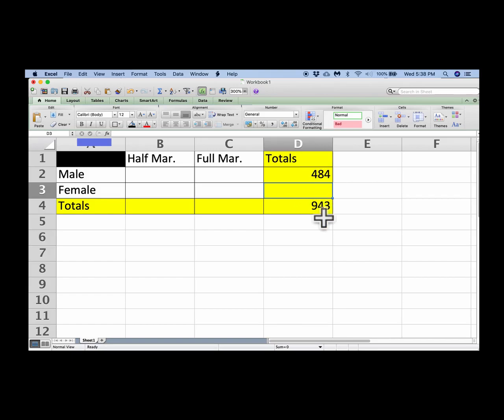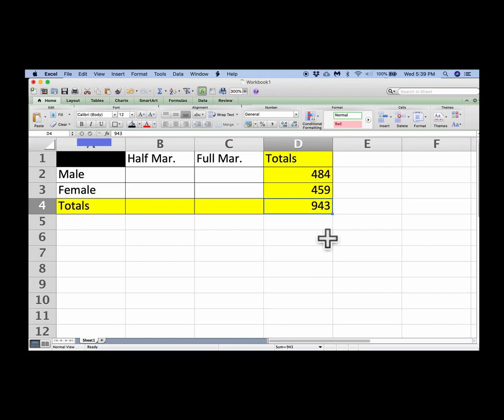Because the 943 are partitioned into two categories, the male and the female, so the females have to make up the complement. I can get that cell value by taking this cell value minus this cell value, and so there are 459 females that ran in some race in the Spinks Run Fest in 2019.